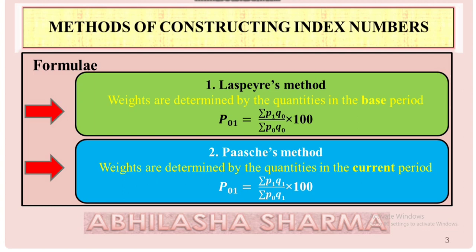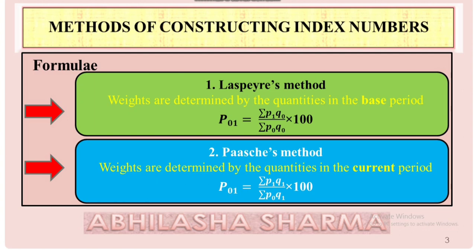First method is Laspeyres method. In this method, weights are determined by the quantity in the base period. Formula to construct price index by this method is sigma P1Q0 divided by sigma P0Q0 multiplied by 100.